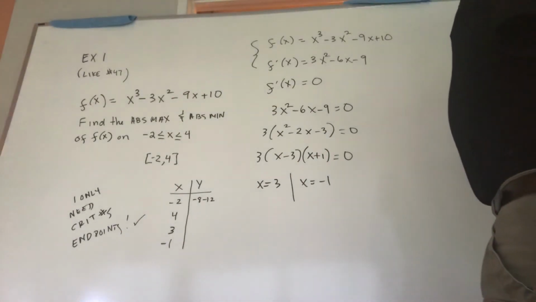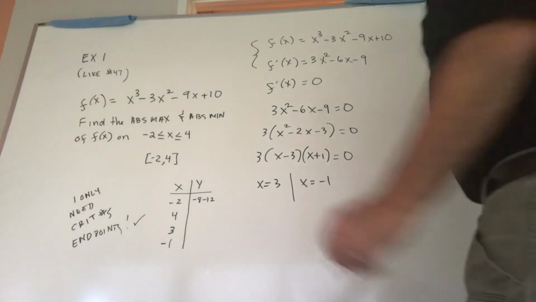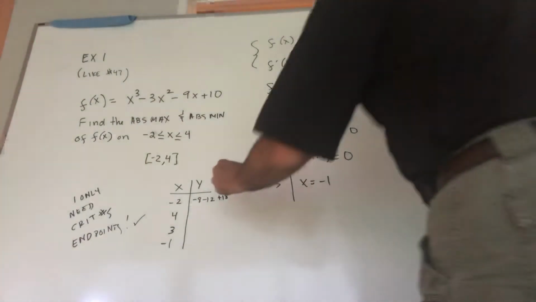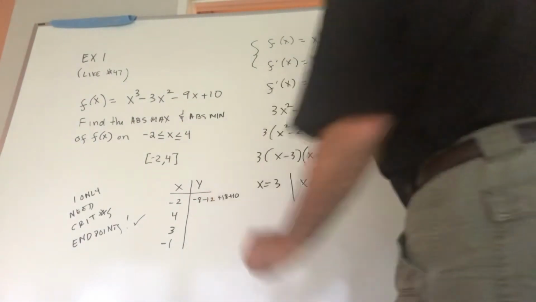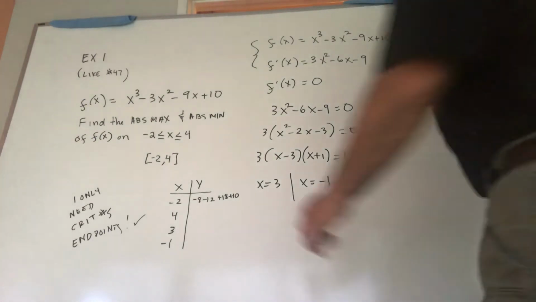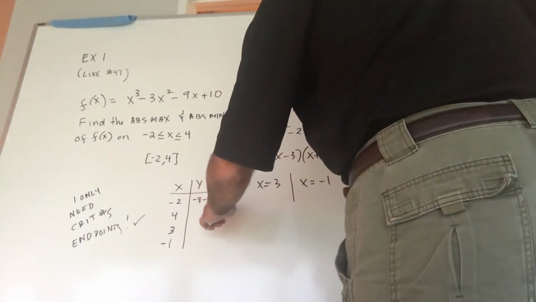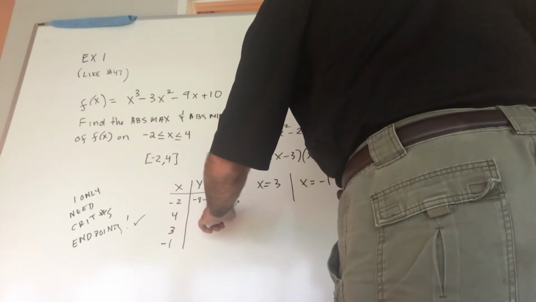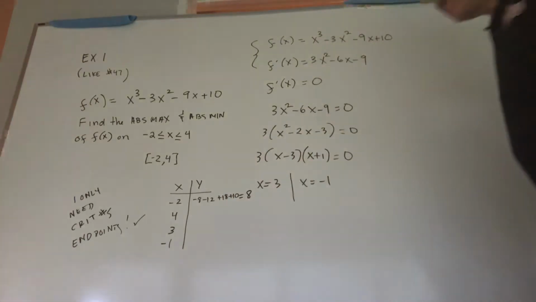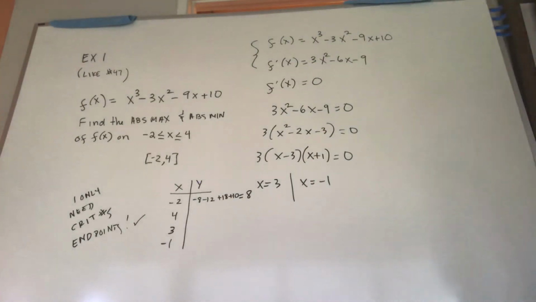And then a negative 9 times a negative 2 is positive 18, plus 10. And what do I end up with? If you add that up, you get 8.